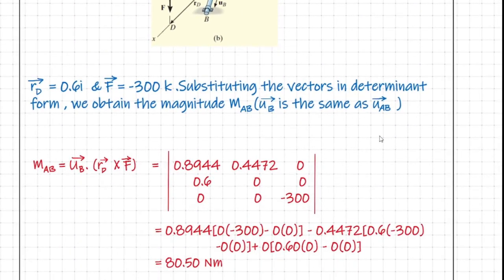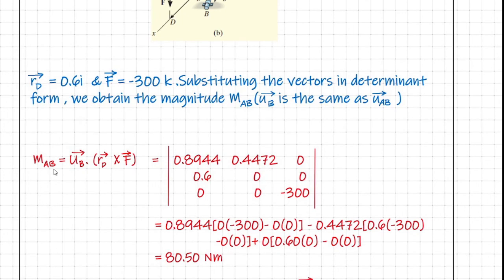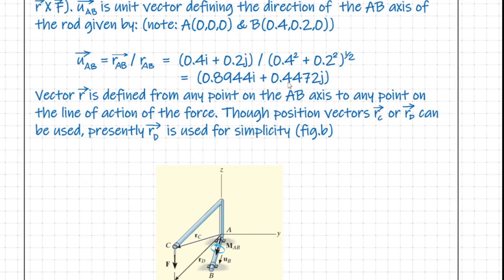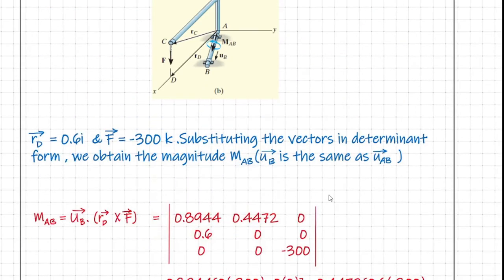So now our task is simple. M_AB is equal to vector U_AB dot vector r_D cross F, which can be conveniently put in a determinant format. The first row has the coefficients of the unit vector U_AB, which is already calculated: 0.8944 and 0.4472, and the k component is already 0. Vector r_D has only the coefficient for i, so we write it as 0.6, 0, 0.